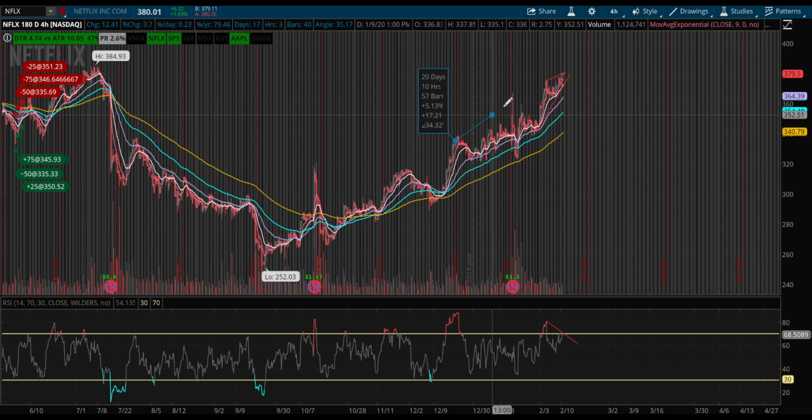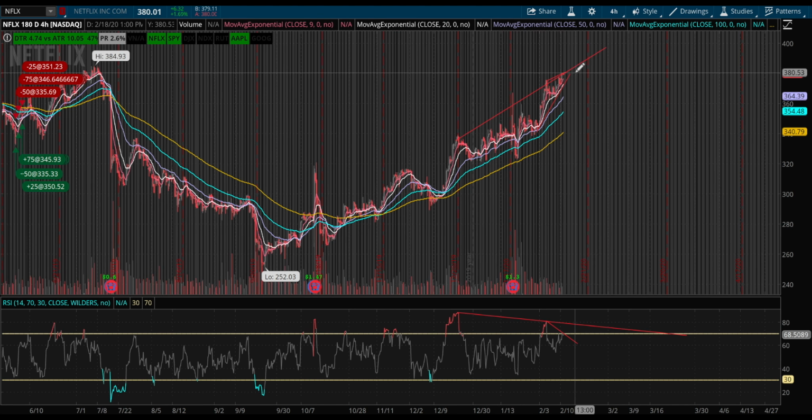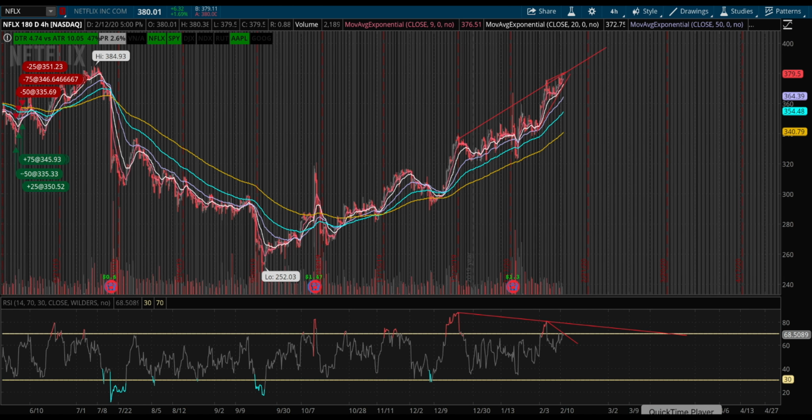I would short Netflix right here. Disclaimer, this is for entertainment purposes only, but this is a pretty extreme example of a divergence, and I would feel pretty confident going in short on Netflix and buying put options. So that's another example of an RSI divergence. Let's look at the next one.